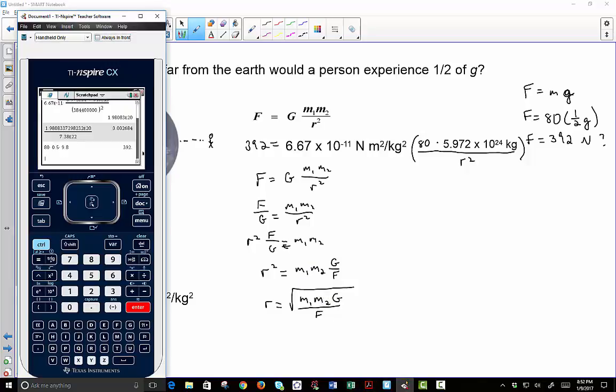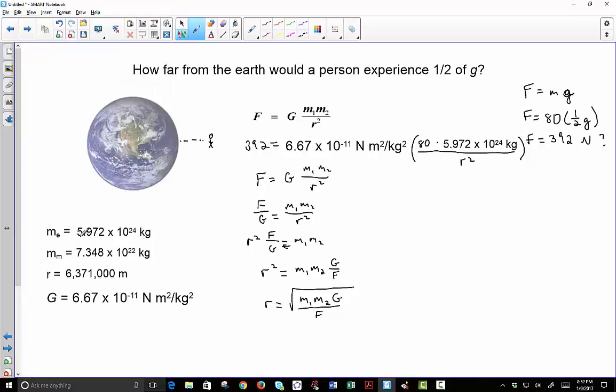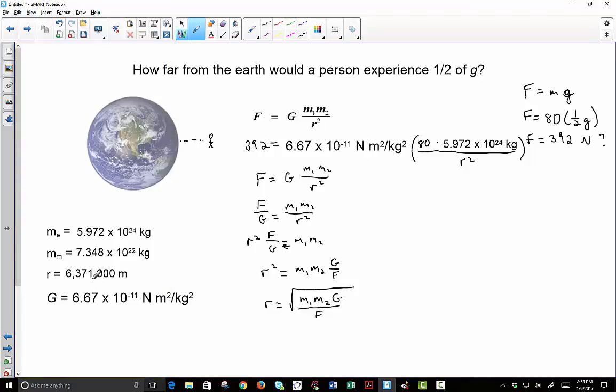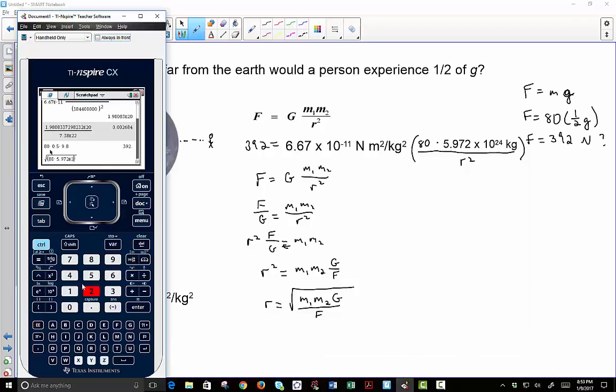So I can put it straight into the calculator. I'll do the square root. Mass 1 is going to be, let's go to parentheses, my 80 kilograms times mass 2, which is the mass of Earth, which is 5.972 times 10 to the 24th power.